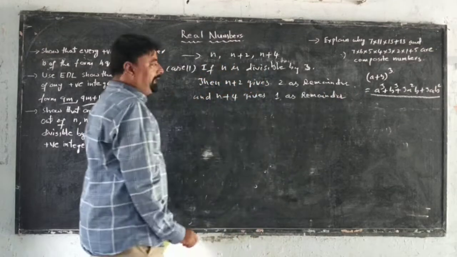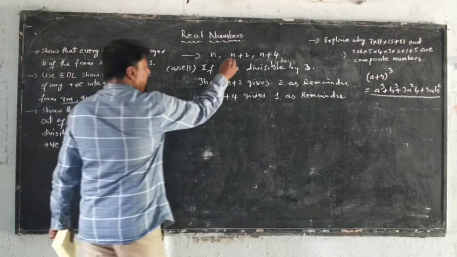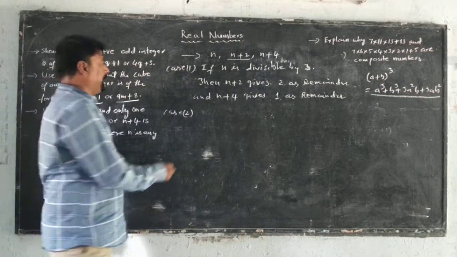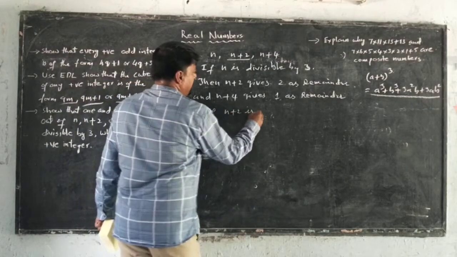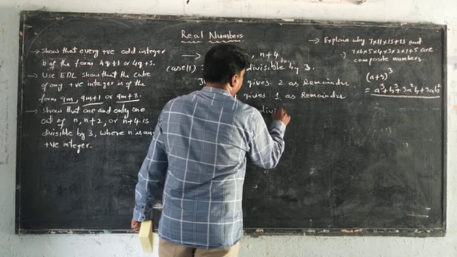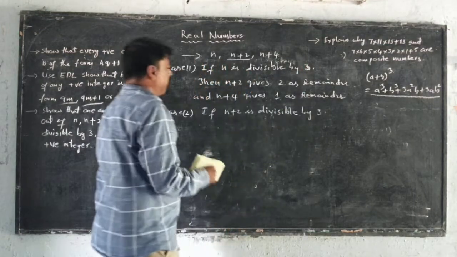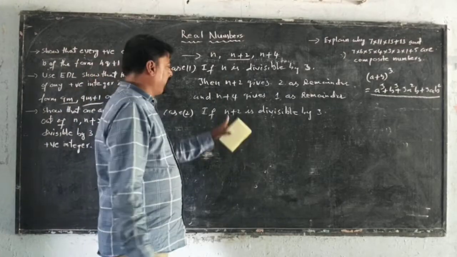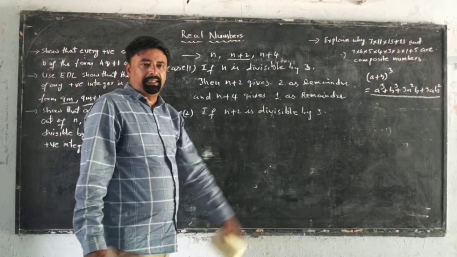In the same way, in case 2, I am assuming that n plus 2 is divisible by 3. If n plus 2 is divisible by 3, you assume one value. If n is equal to 1, 1 plus 2 is 3. Therefore, n plus 2 is divisible by 3.